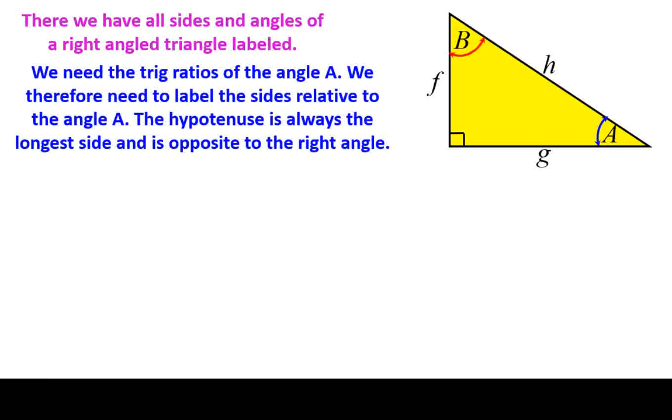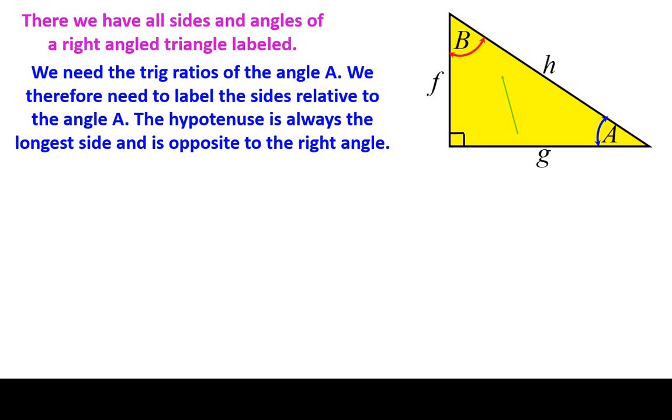First of all, if we are going to identify or state the trig ratios of any angle of a right-angled triangle, we need to label the sides relative to that angle. However, the hypotenuse is always the longest side and is opposite to the right angle.